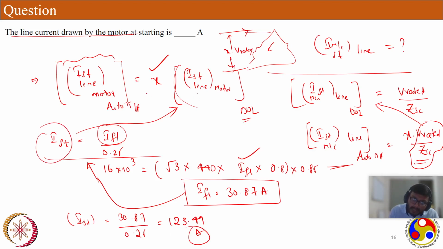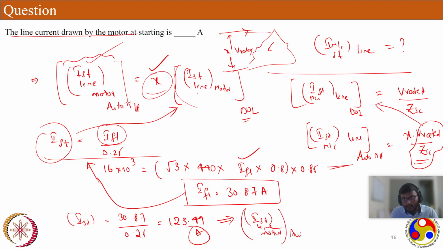So you multiply this with the X rating setting to get the line current drawn by the motor at the starting using this auto transformer. So my required I starting line current drawn by the motor for auto transformer starting is equal to 0.8 setting multiplied by this current, 123.49 amps. So how much is this?